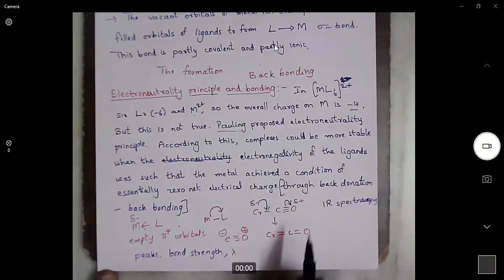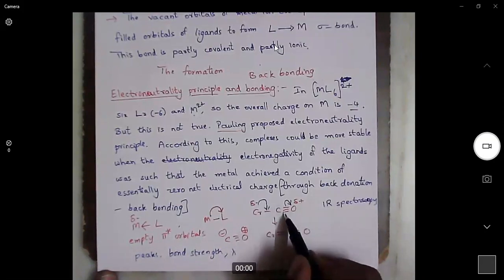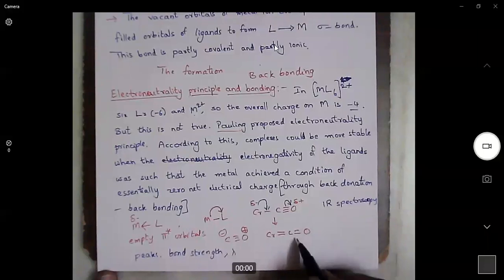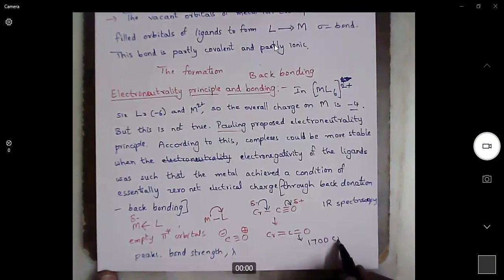Now, if you think that there is no back bonding, back donation, then this is the actual structure. That means there should be a C triple bond O. So accordingly, IR will give a peak. But actually, IR gives a peak for C double bond O, not for C triple bond O. So this is the evidence. Generally, C double bond will be observed at around 1700 centimeter inverse.